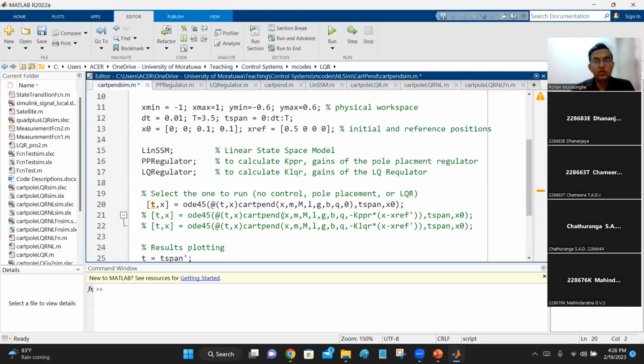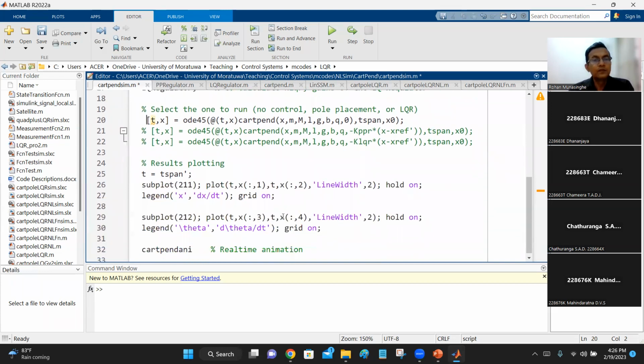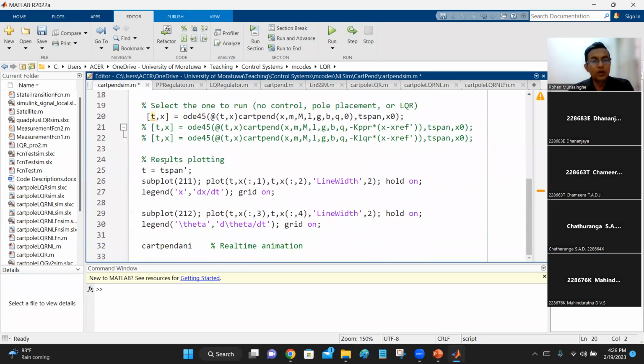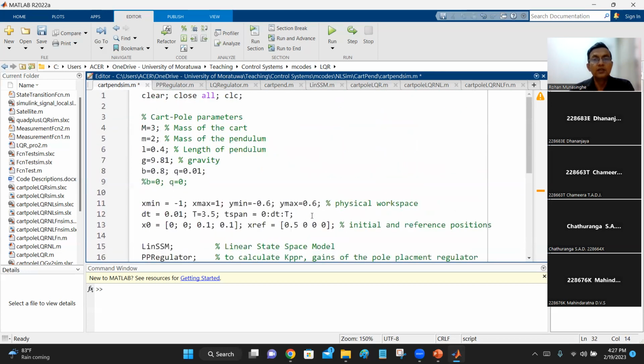But later I'll show you the real nonlinear dynamics. Then the rest is actually plotting the results. And finally, we have some sort of simulation, cart pen animation. You can see the real animation. So let's run it.